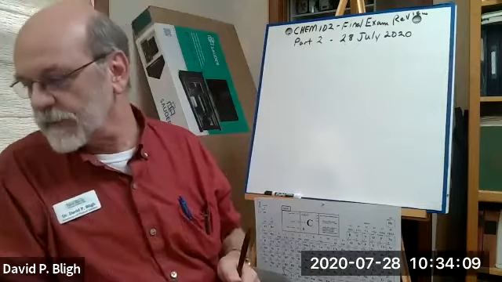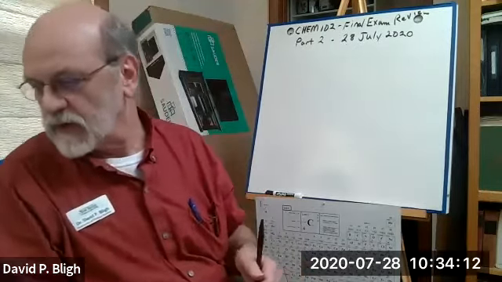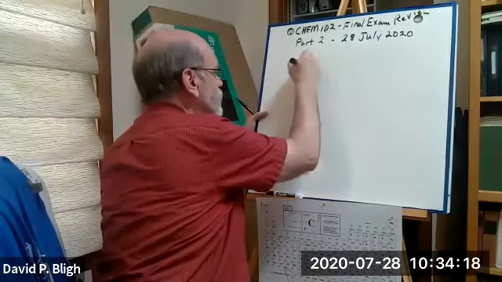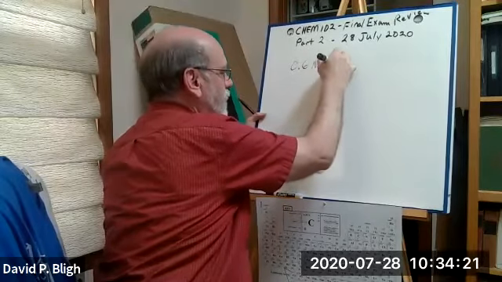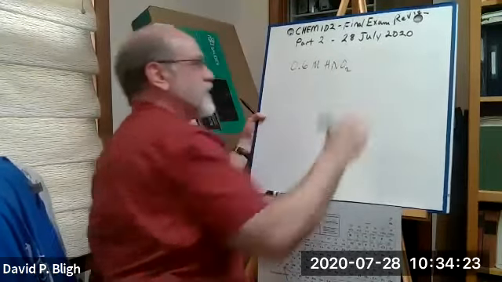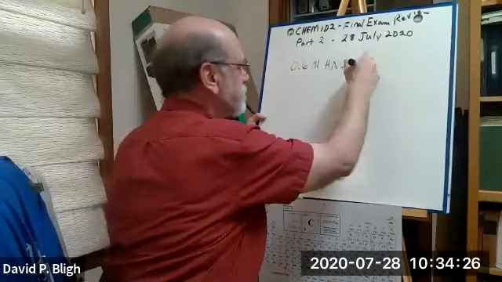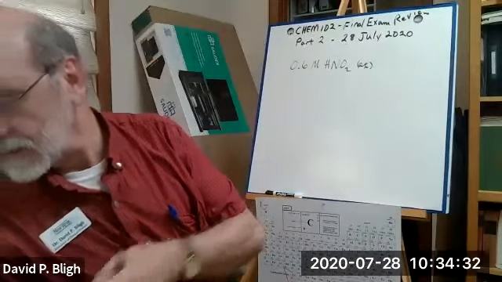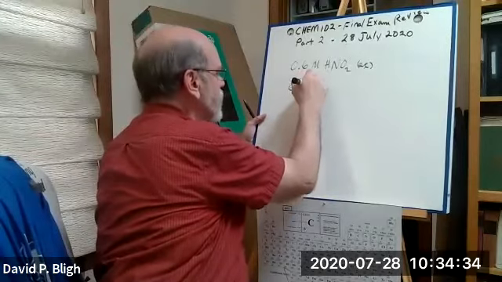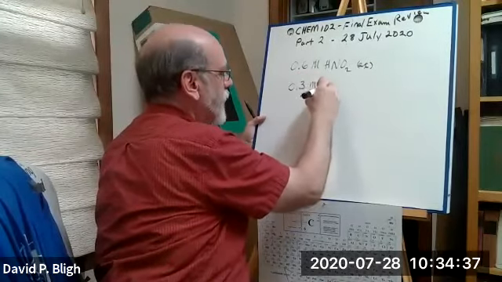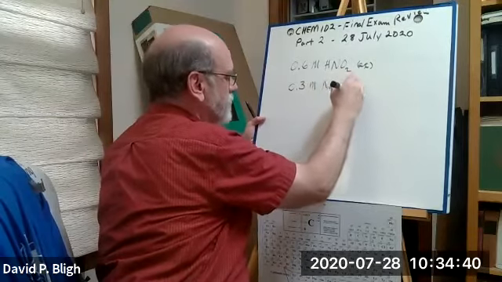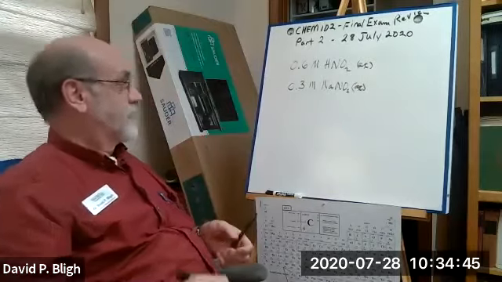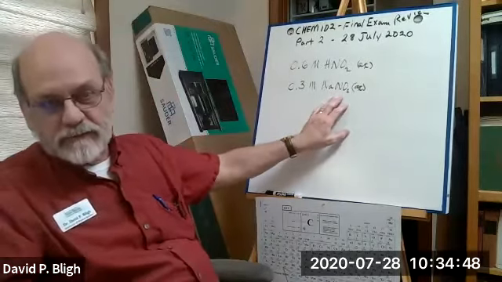Let's see if it is first. 0.6 molar nitrous acid, and 0.3 molar sodium nitrite. Okay. Everybody knows sodium nitrite.